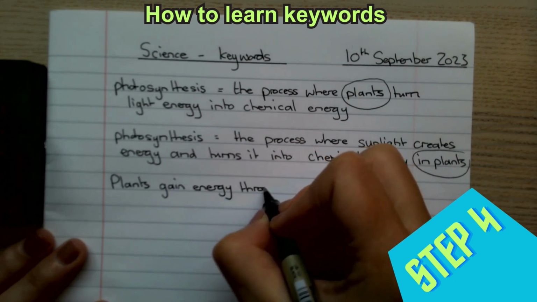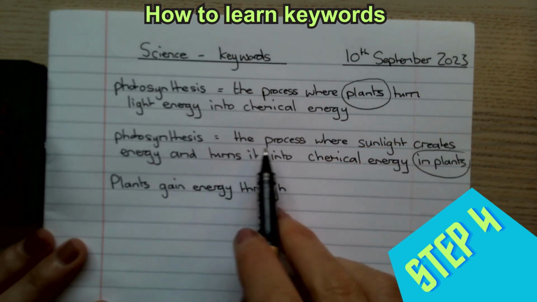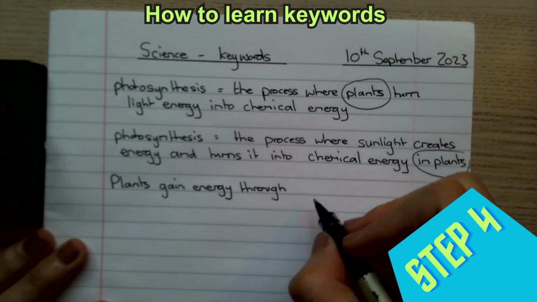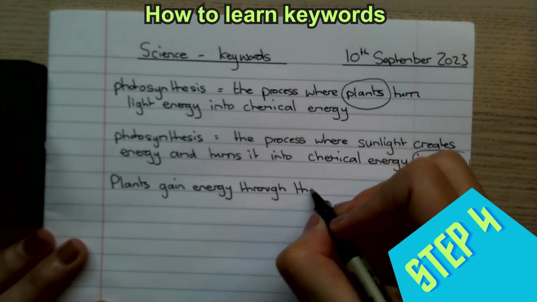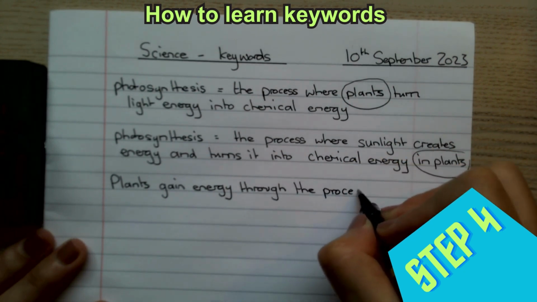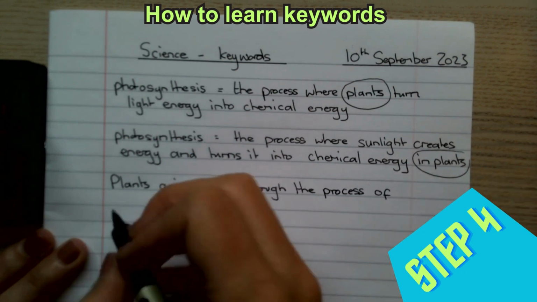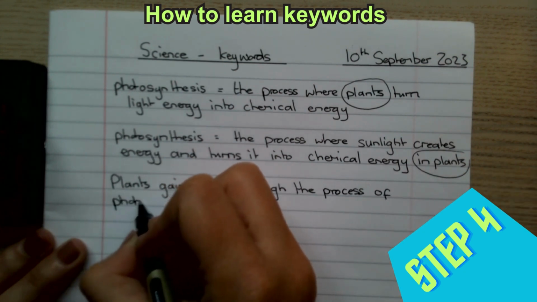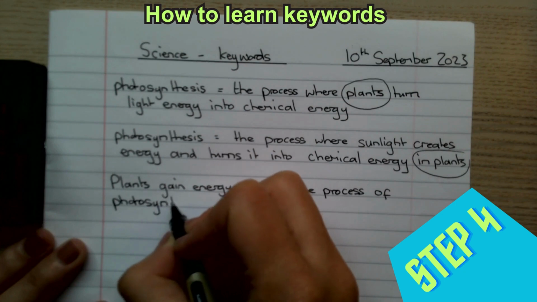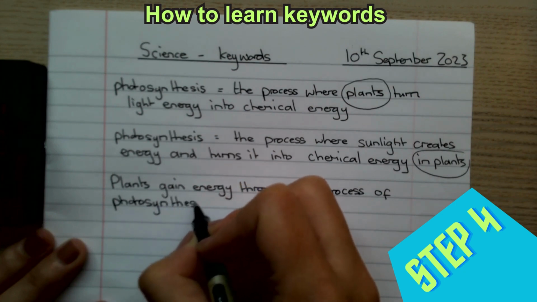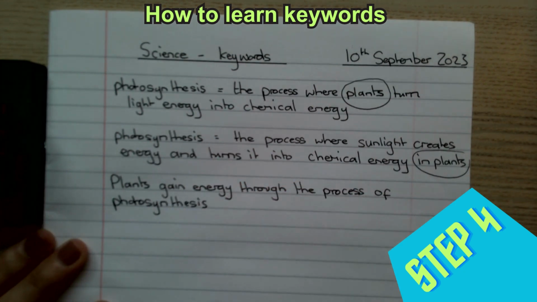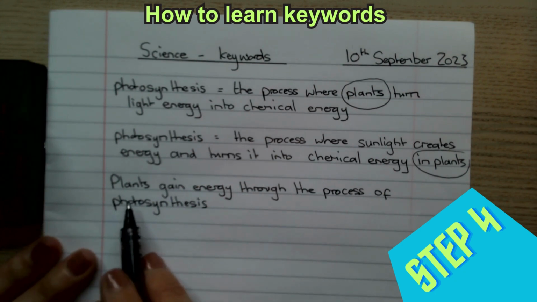through. Now I like this idea of it being a process. I'm going to use that in my sentence. Through the process of photosynthesis. You can see there I've put my key word in there. I'm going to underline that in a minute just to show my teacher I've done it.